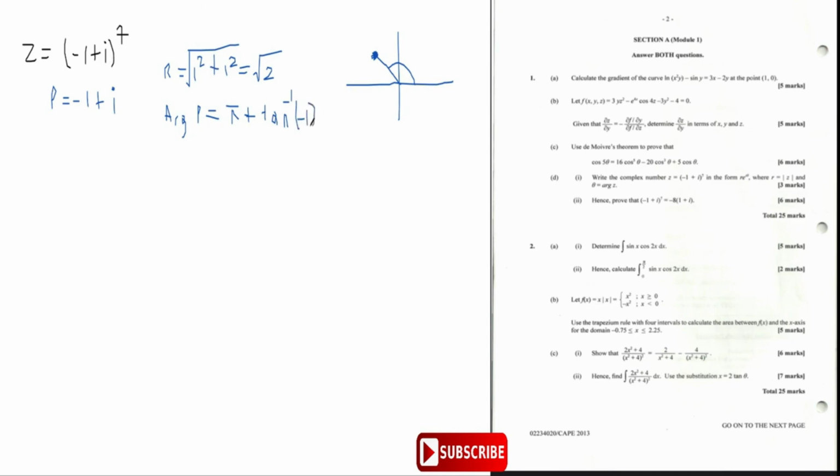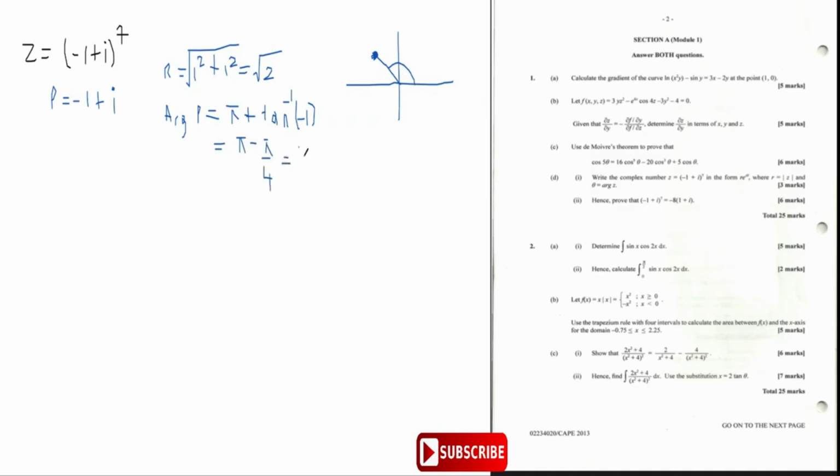Tan inverse of minus 1 is minus pi by 4. So the argument of P is pi minus pi by 4, which is 3 pi by 4, which makes sense based on our diagram.